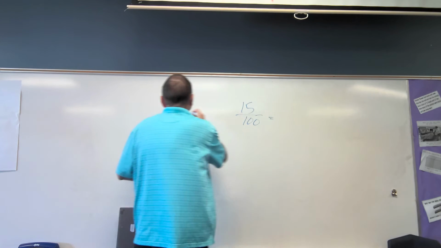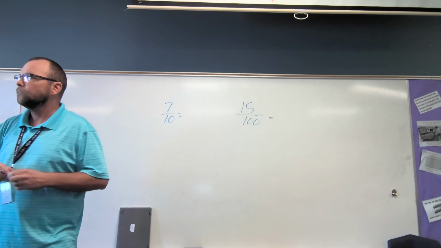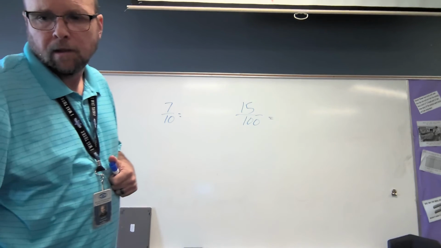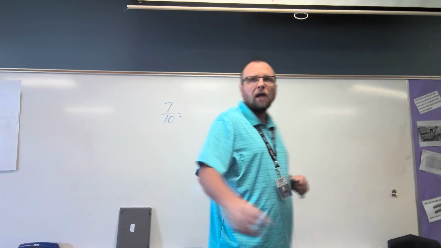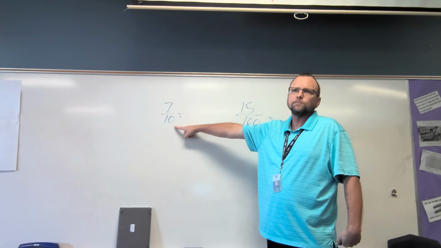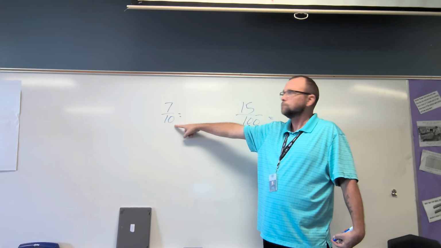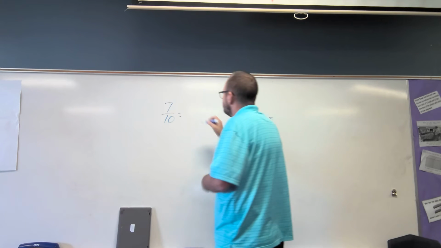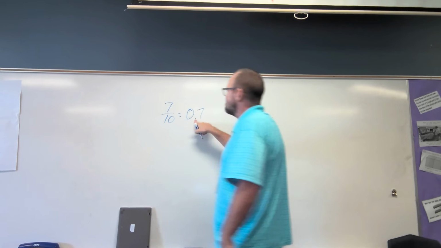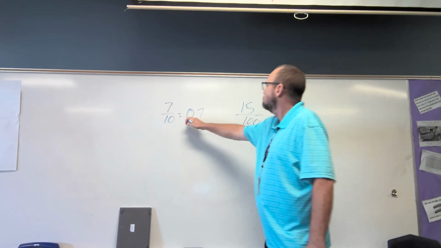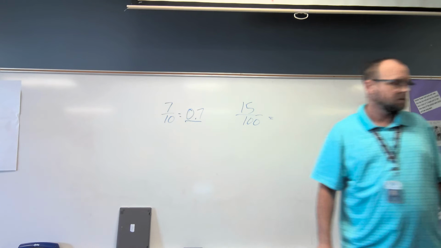We're going to take these two fractions and write them as decimals. Aiden, how do you say this fraction? 7 tenths. How do you say this decimal? 7 tenths.